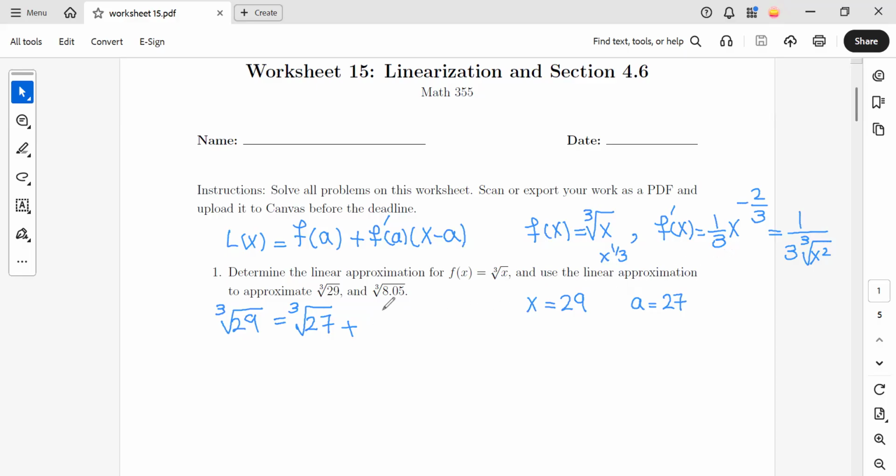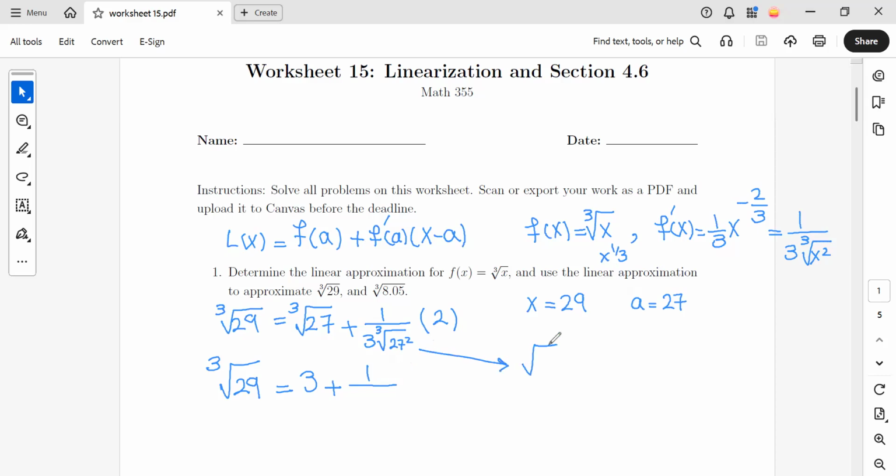F prime is 1 over 3 times cube root of 27 squared, times x minus a, which is 2 here, 29 minus 27. Now, what is cube root of 29? It will be cube root of 27, which is 3, plus 1 over 3 times cube root of 27 squared.